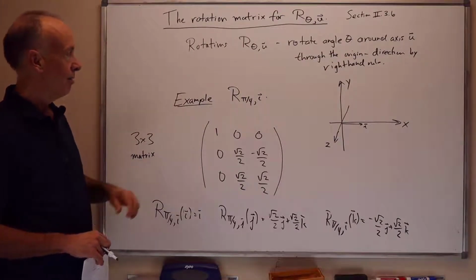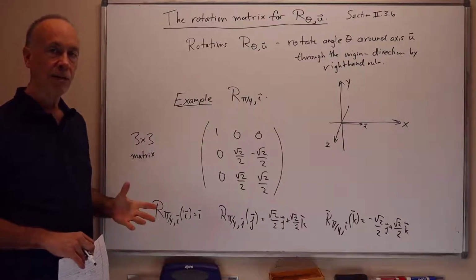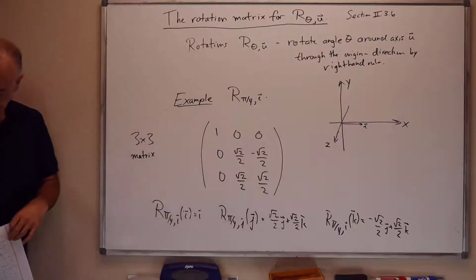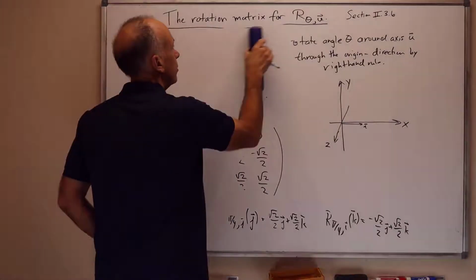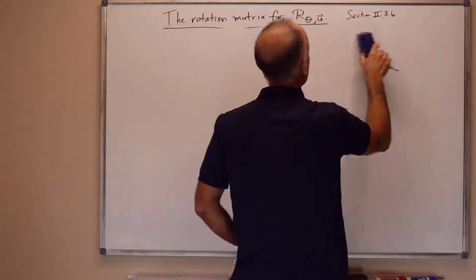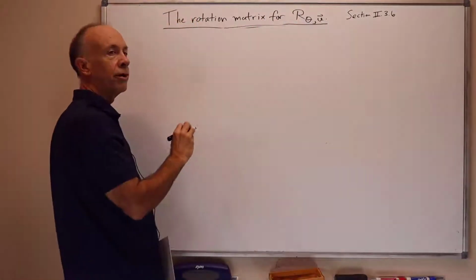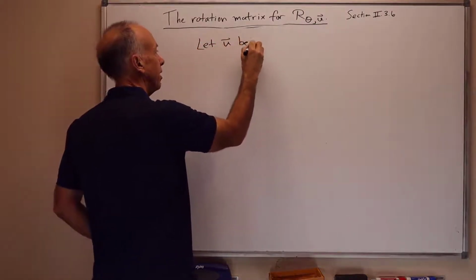We're going to take an arbitrary unit vector, a vector of length 1, and we get a formula for a 3x3 matrix that represents the rotation. For this, we're going to make an assumption that we let u be a unit vector now.